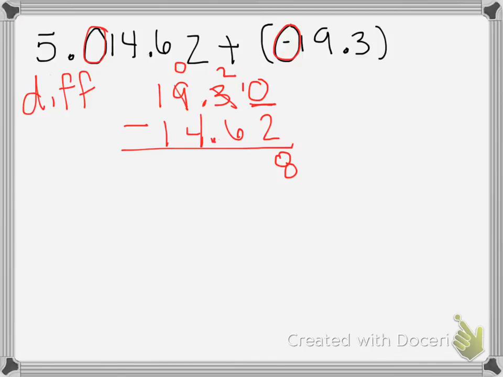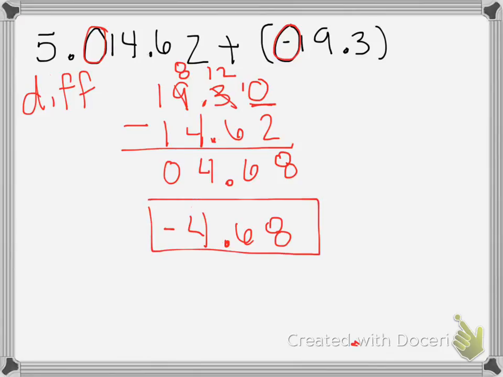Borrow from the 9. 12 minus 6 is 6. 8 minus 4 is 4. 1 minus 1 is 0. So when I subtract 19.3 and 14.62, I get 4.68. Since they're different, we keep the sign of the bigger number. The bigger number in this case is 19.3, and that sign is negative. So we get negative 4.68.